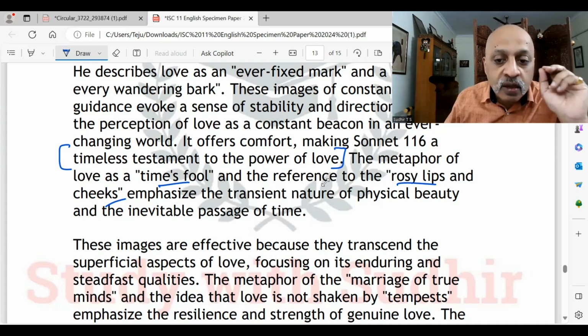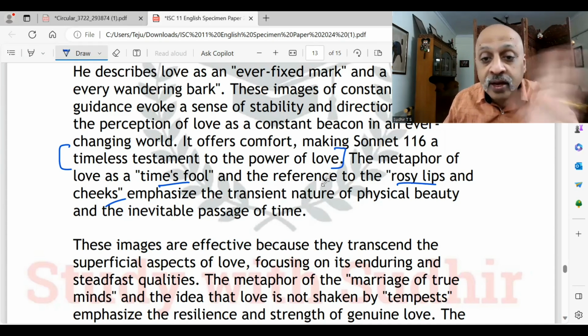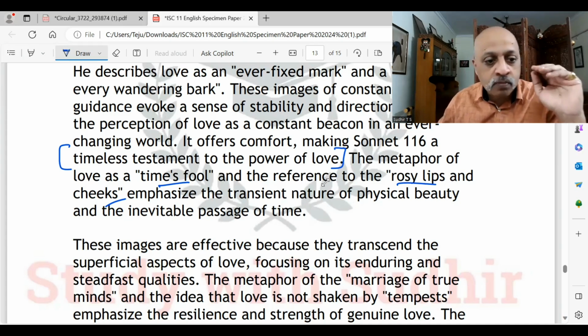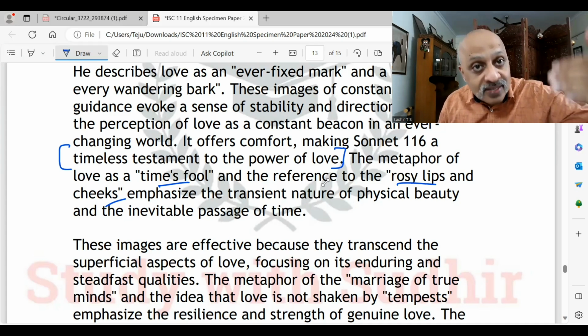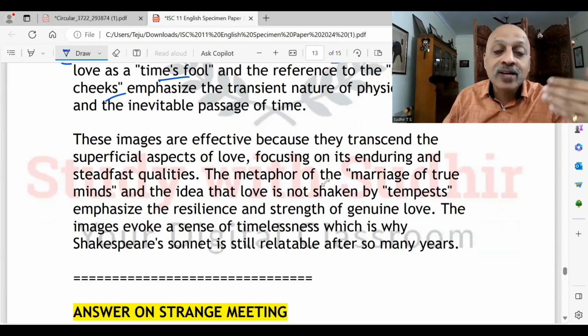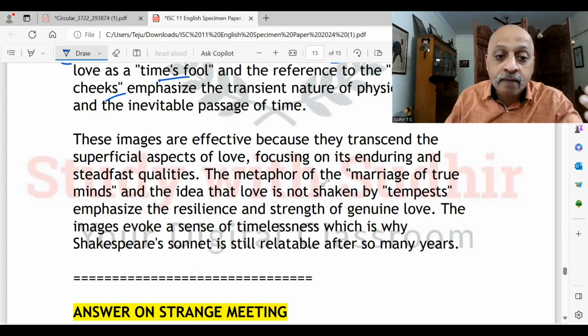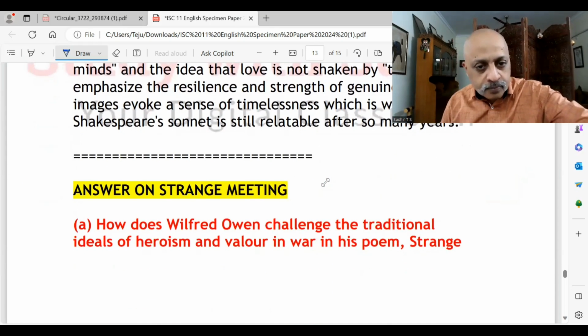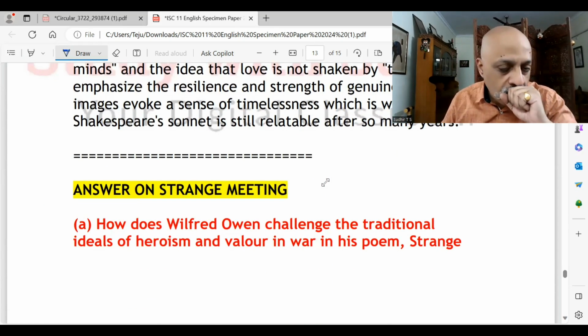The metaphor of the marriage of true minds and the idea that love is not shaken by tempests. Tempest means storms. They emphasize the strength of genuine love. And the images evoke a sense of timelessness, which is why after so many years this Sonnet 116 of Shakespeare is very relatable. This is a 200 to 250 words, 10 mark question.